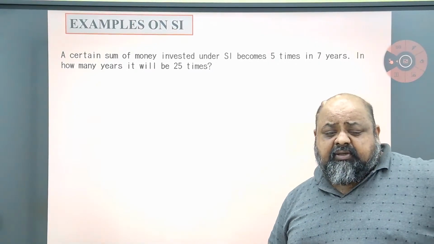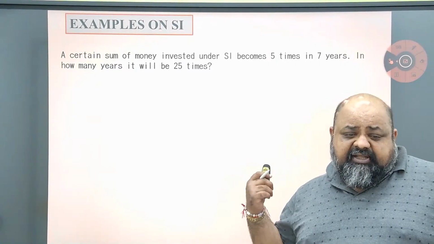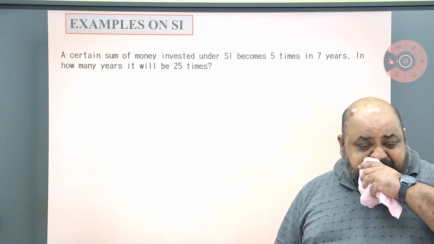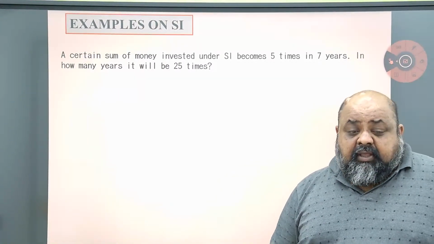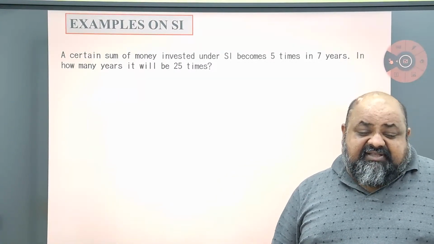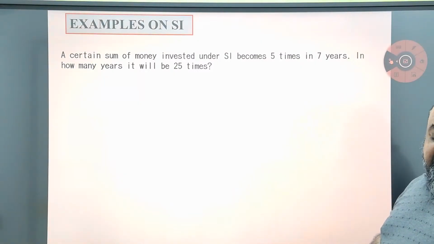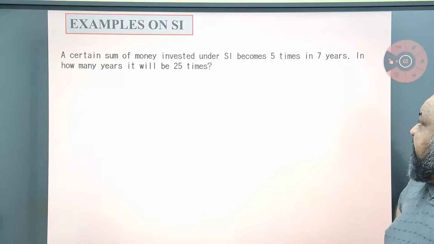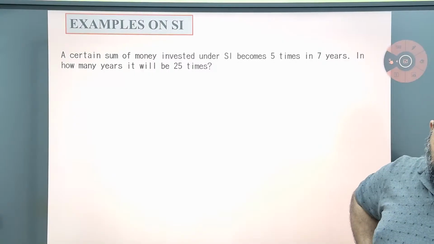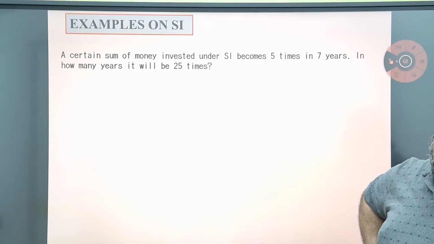Another common question, this is common to both SI and CI and across different exams, has been asked several times in different formats. It says a certain sum of money invested in SI becomes 5 times in 7 years. In how many years will it become 25 times?